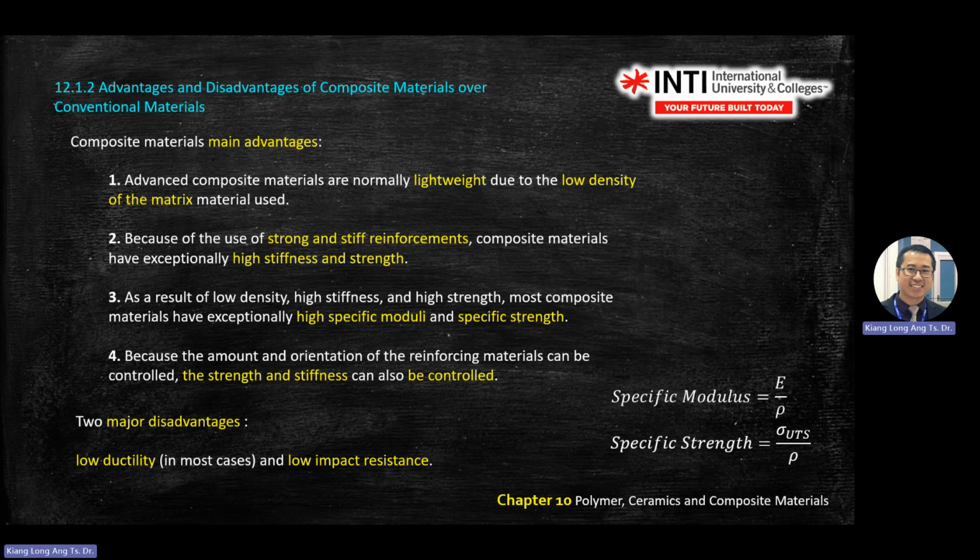Same with strength: for ultimate tensile strength, if you have the word specific, you divide the value by density. You only see this in composite materials: specific modulus and specific strength.